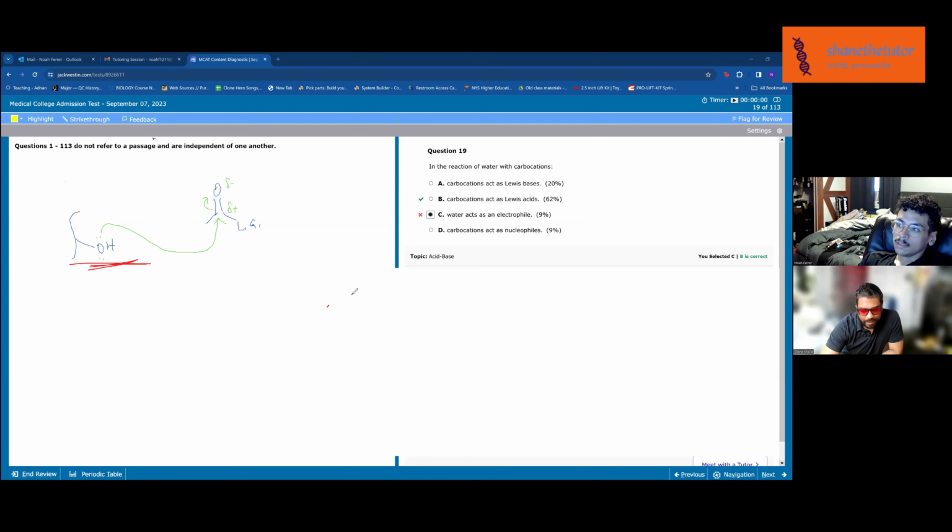And I should say that this turns into this. You can see everything that's attached, but the oxygen doesn't want to have a negative charge there. It wants to spread it out.